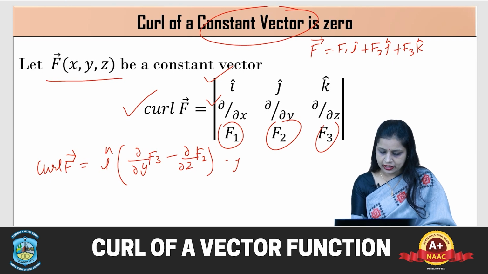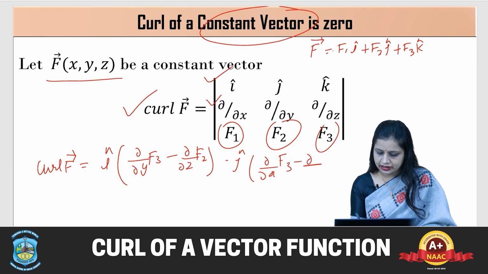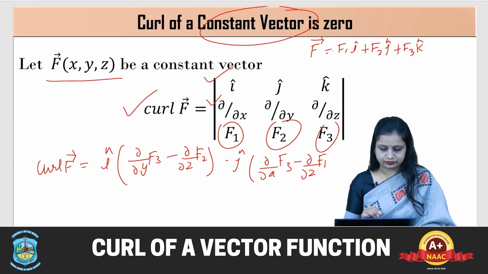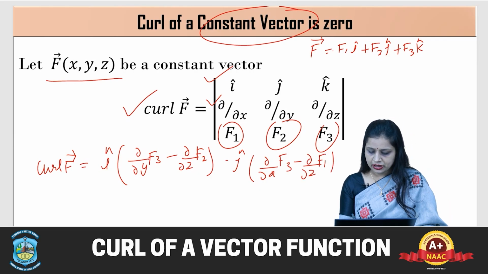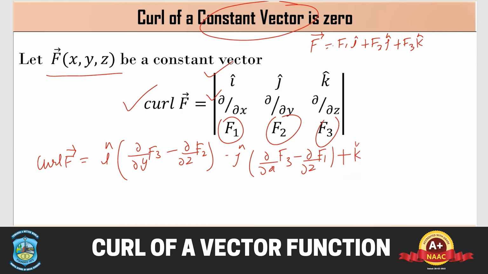Minus j cap times del by del x of f3 minus del by del z of f1, plus k cap times del by del x of f2 minus del by del y of f1.